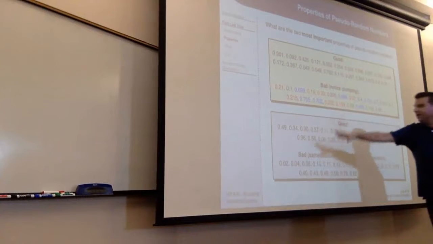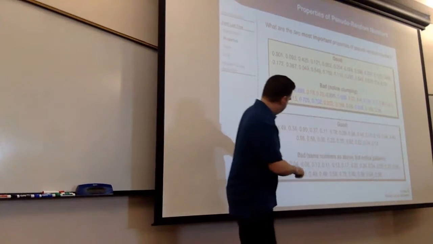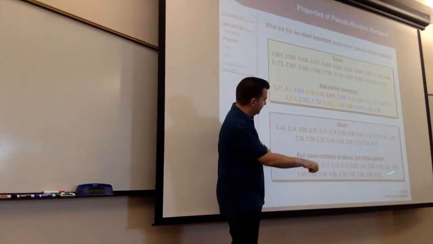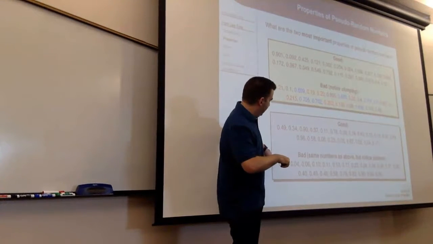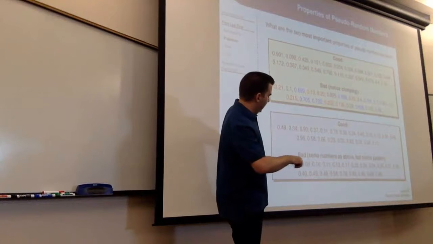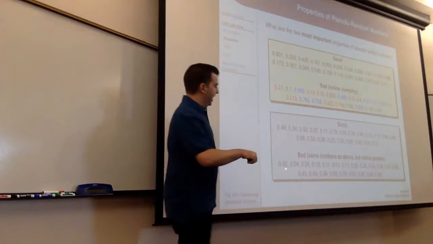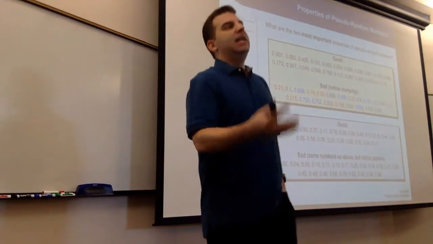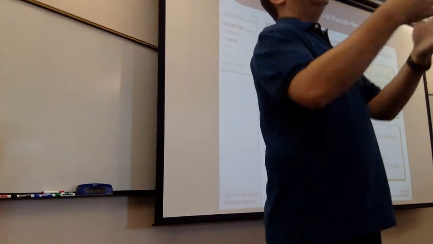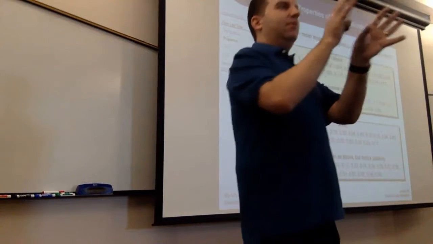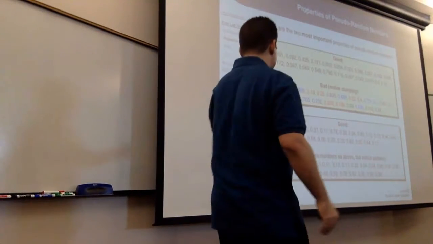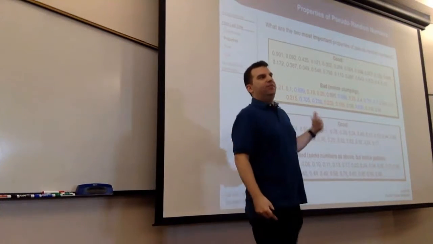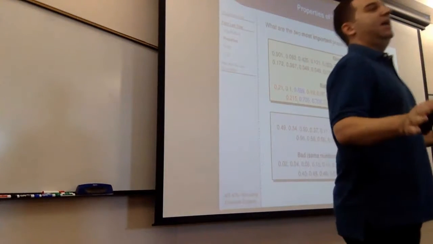And down here, if you look at all of these numbers, this is the exact same list of numbers, but here they're sorted, and then whenever they hit the highest number, they repeat. This sorted list of numbers is bad, not because it comes from a bad region of the real number line. It's because you can predict that the next number will always be higher than the previous number. So there's no independence.